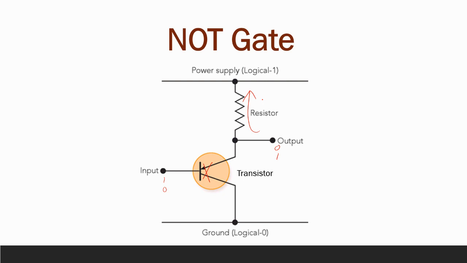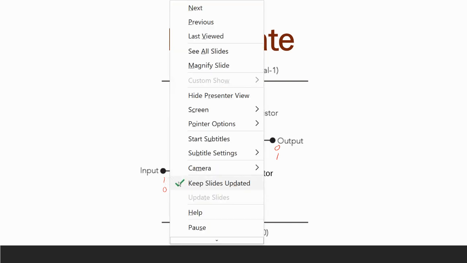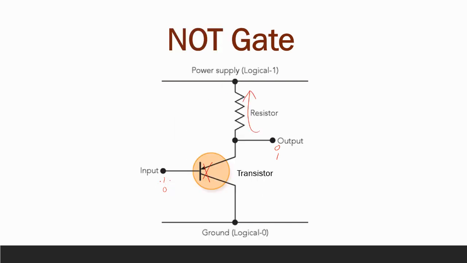Therefore, the output is at a high level. So, the result is that the output always has an inverse state to the input. Therefore, the circuit implements the NOT logic. The circuit is a NOT gate.